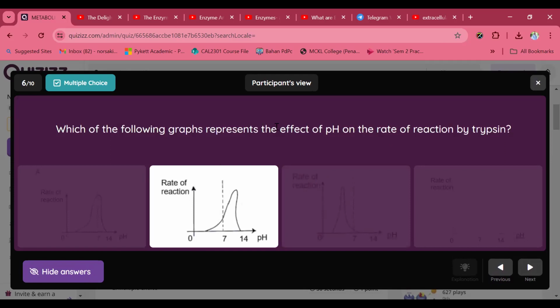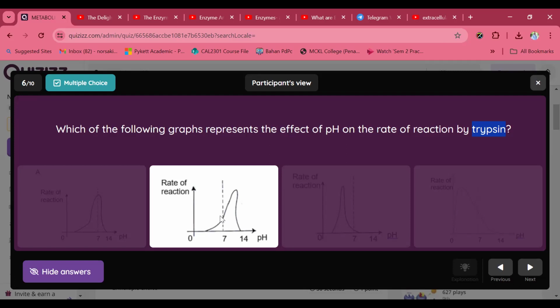Which of the following graphs represents the effect of pH on the rate of reaction by trypsin? Now, trypsin is a bit alkaline, so it will go towards the alkaline side. No, this one is bad. Trypsin, right, is the answer. I picked the wrong answer.